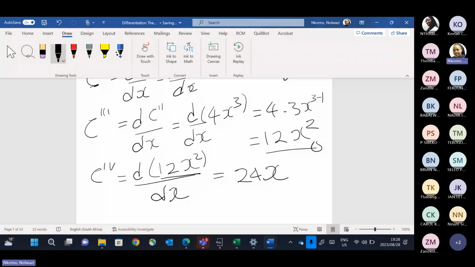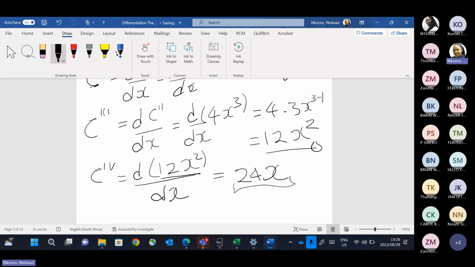You can still find the fifth derivative, because the derivative of this is 24. You can still find the sixth derivative. The derivative of 24 is a constant, so the derivative of 24 is 0. After that, all the derivatives will be 0 because the derivative of 0 is 0.